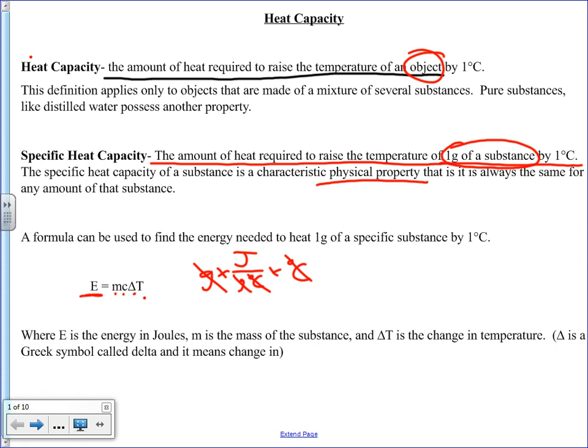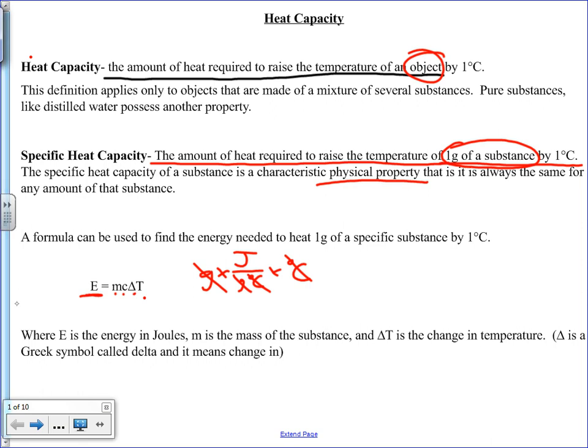Now, is this formula going to be really easy to manipulate? If everything is multiplied together in that formula, if I want to solve for something, what do I do with the other things? Divide them away. If I want to solve for mass, I divide by C times delta T. If I want to solve for delta T, I divide by M times C. Pretty easy formula to use. So manipulation in algebra will not be a problem for any of you on this.